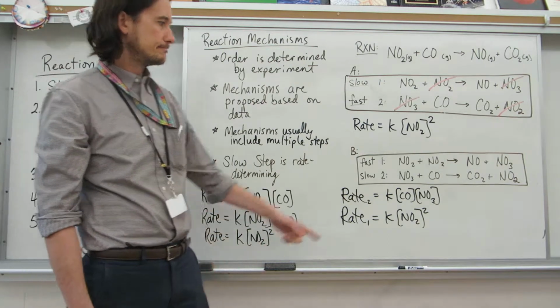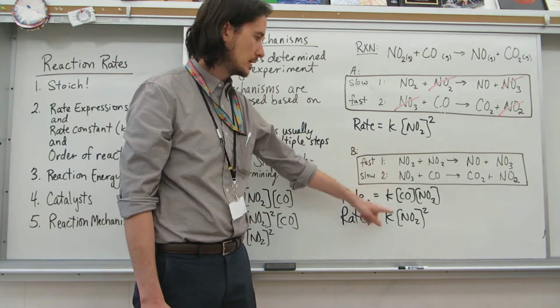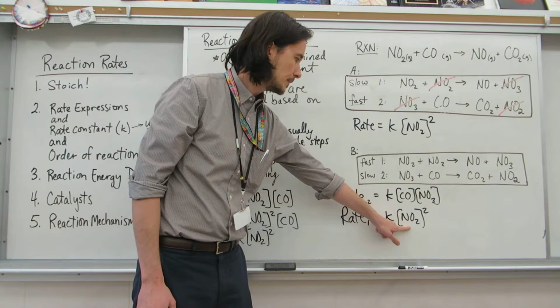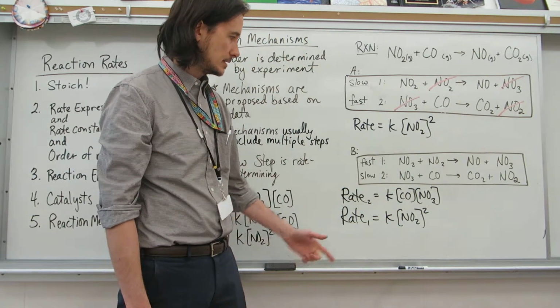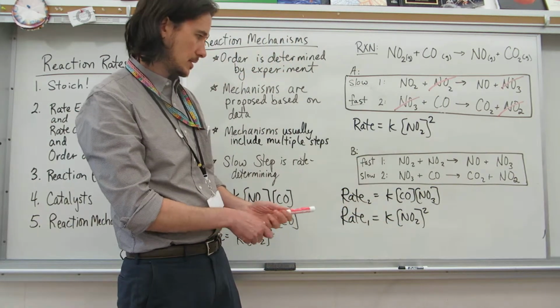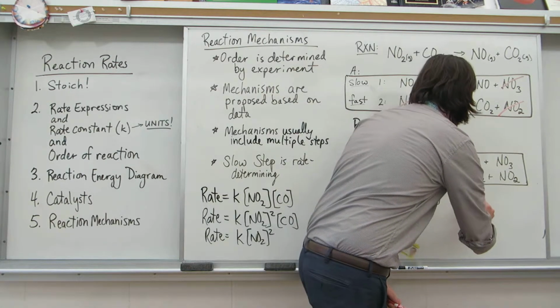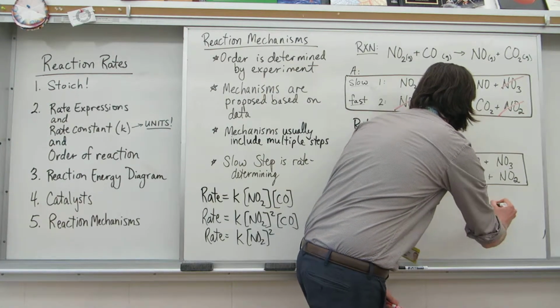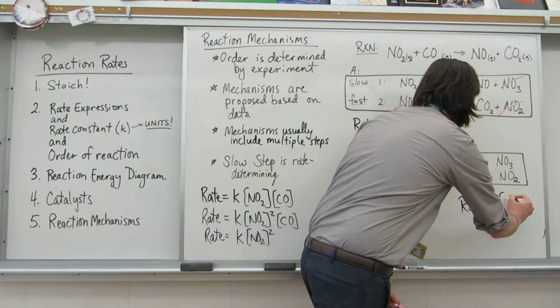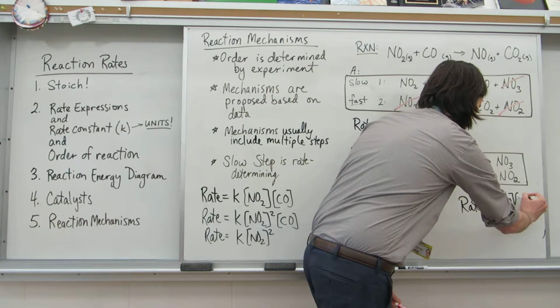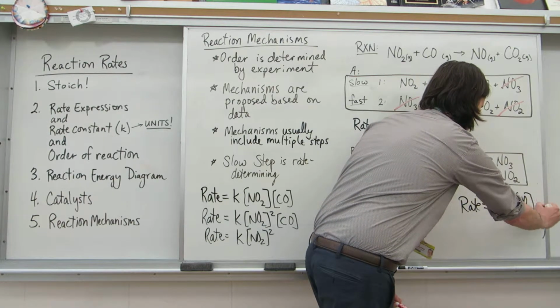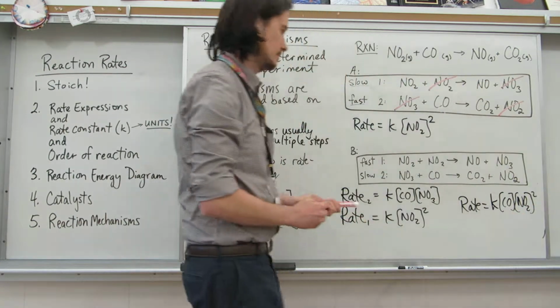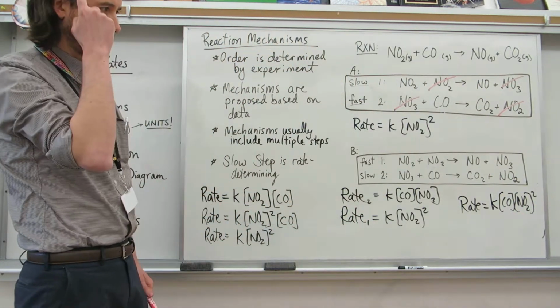So to get this NO3, we need these two things to collide. So what we're going to do is substitute that in here, and we would end up with that rate overall.